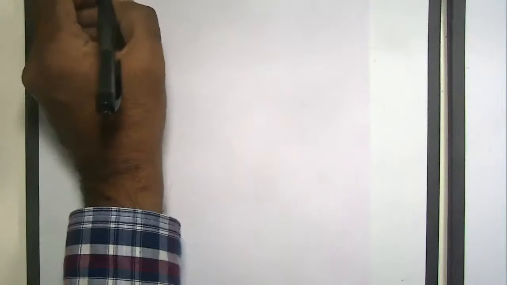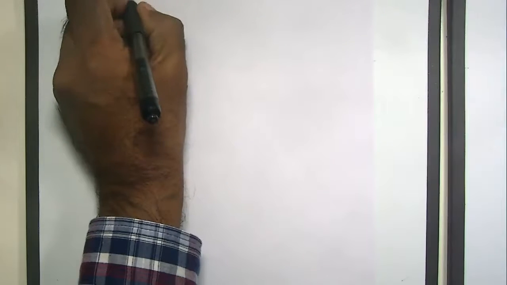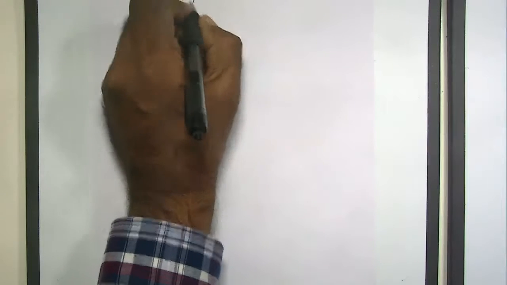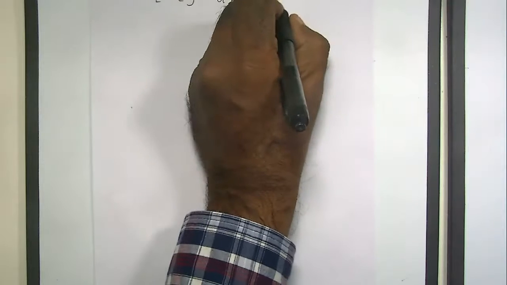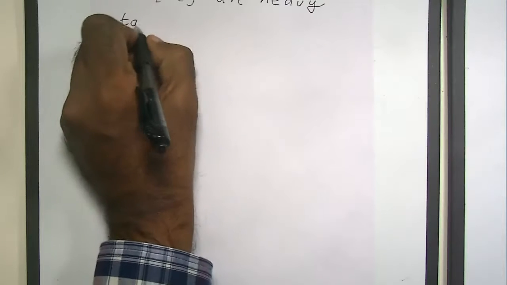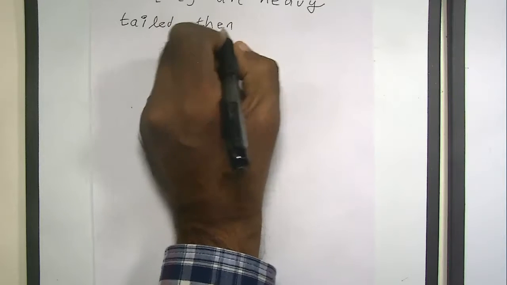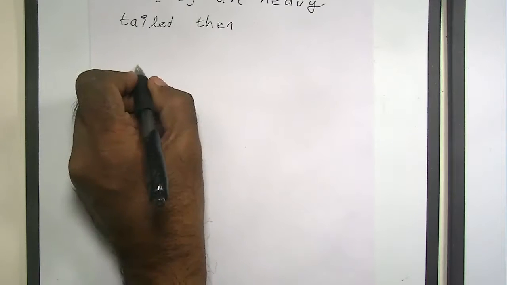Now, if the process RT is heavy-tailed according to the definition given here, then the estimator for the expected shortfall is as follows.